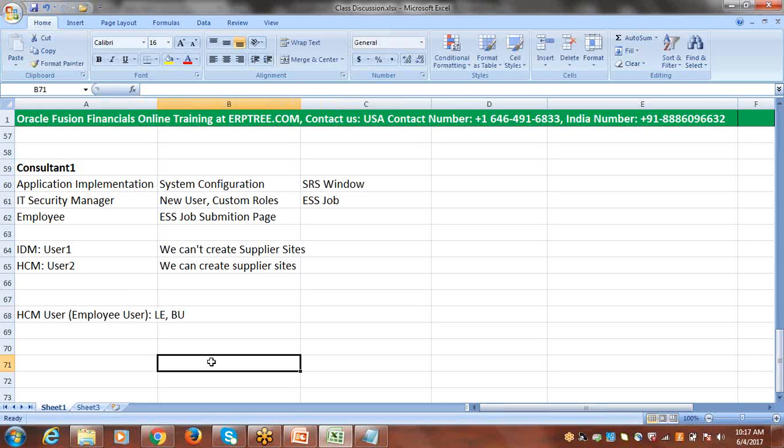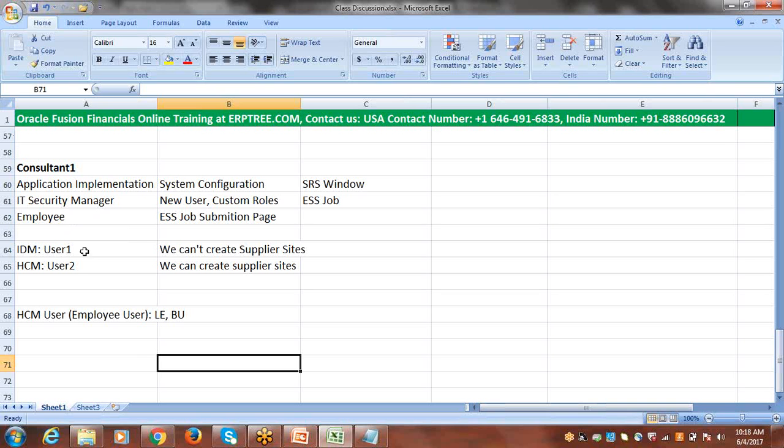Do you think the LE and BU will be ready when you start a fresh implementation? No. So that is the reason, to start our implementation, we will always create the implementation user from IDM.